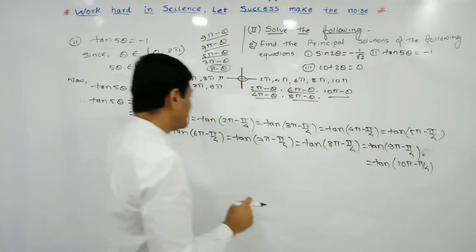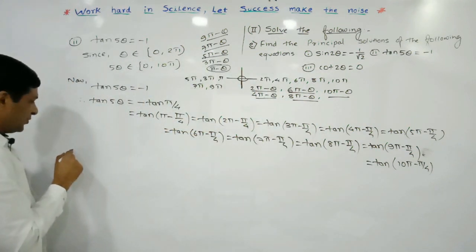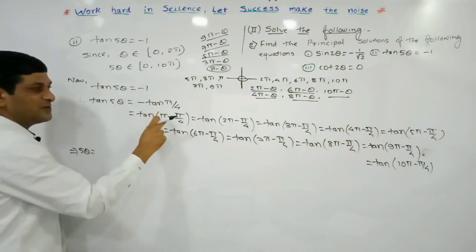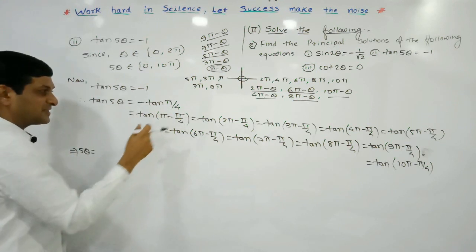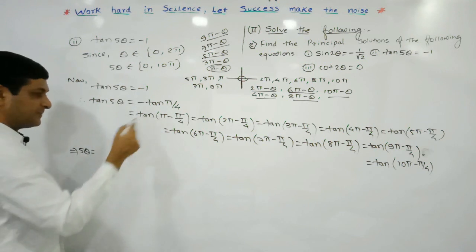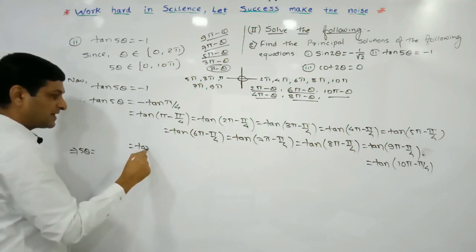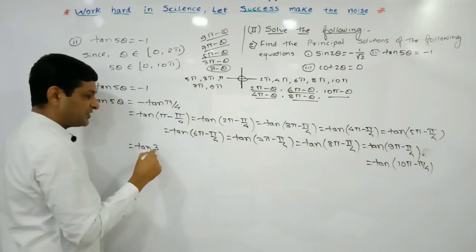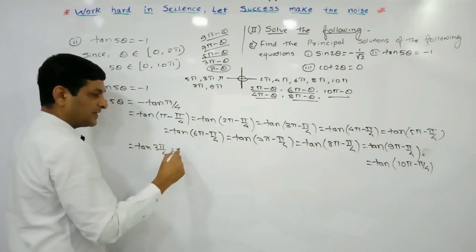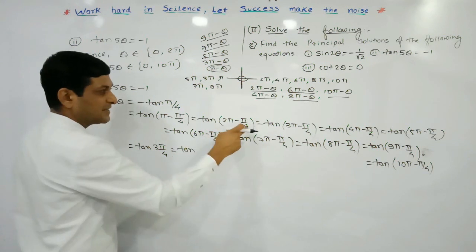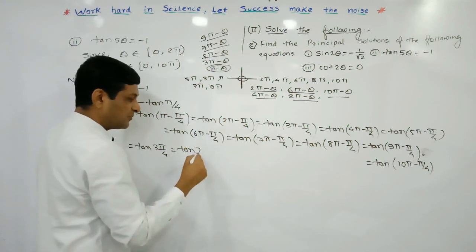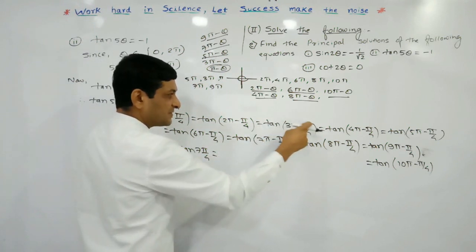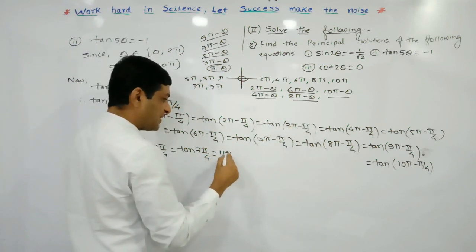So comparing both sides, 5θ is equal to what is the first value of 5θ? π − π/4, or better, first simplify: π − π/4 is 3π/4. Next, 8π − π is 7π/4. Then 4 threes are 12, 12 − 1 is 11π/4.